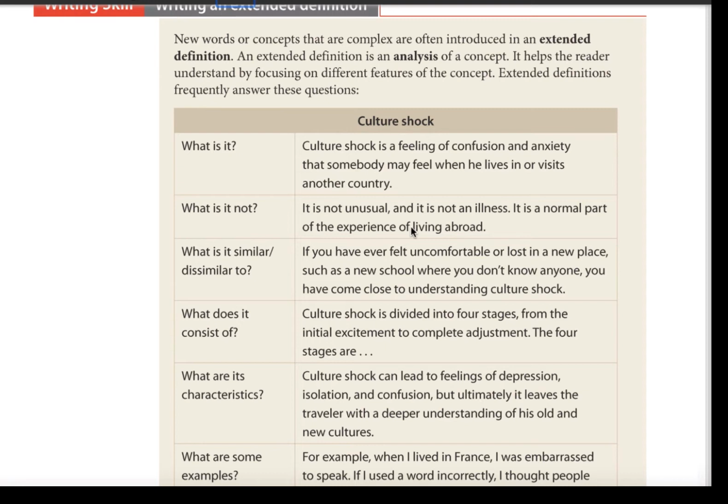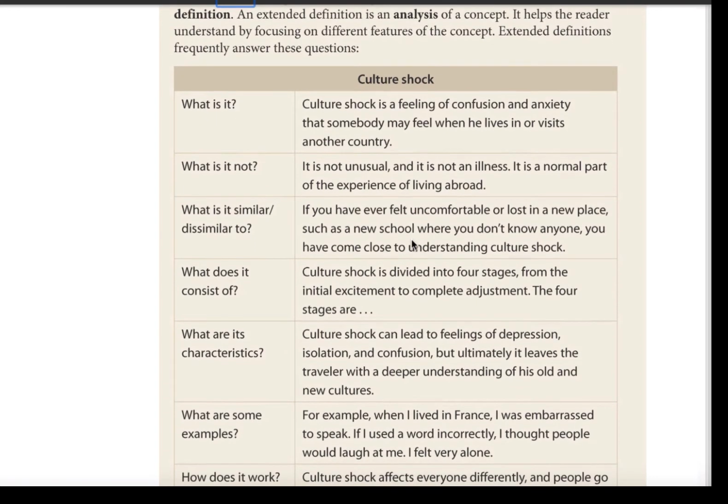What culture shock is not: it's not unusual, it's not an illness, and it's a normal part of an experience of living abroad. So if someone were to experience this type of shock, we want the reader to know, hey, this is not unusual, and it's not an illness, and you will get over it. It gives them a deeper understanding of what this word can be.